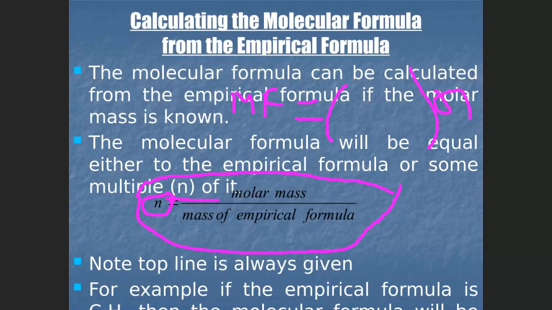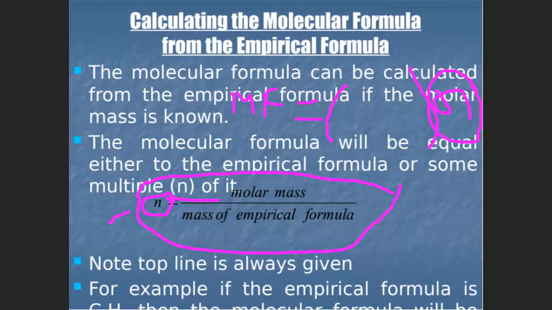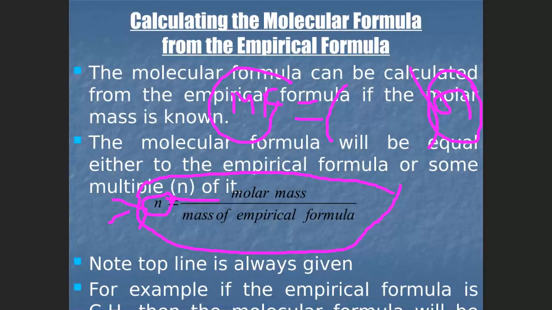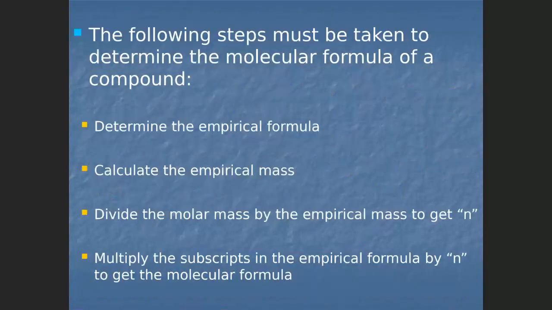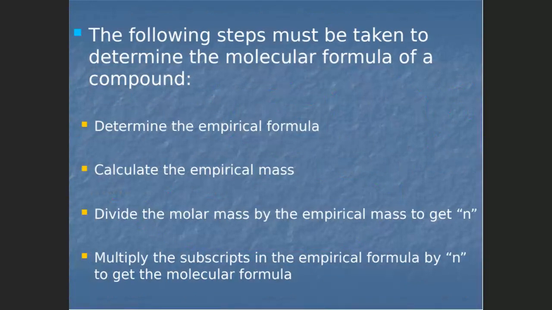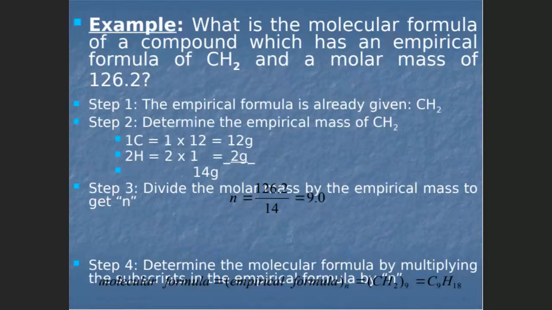So when we find the n from here, we will get the molecular formula. We have written it here, I don't know why we cannot see it, but we will go through it again. We have an example. These are the steps that we need to do, but we will go for the example first.